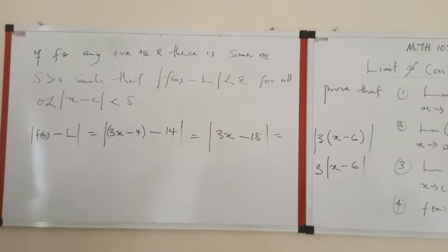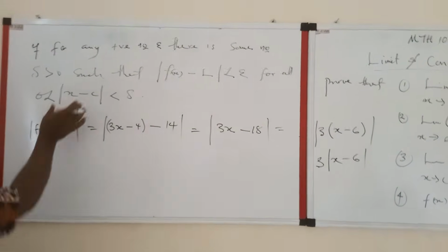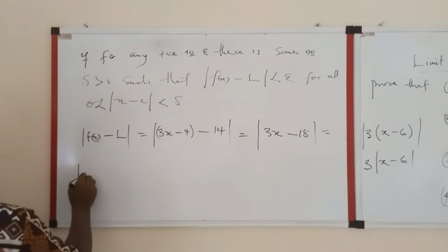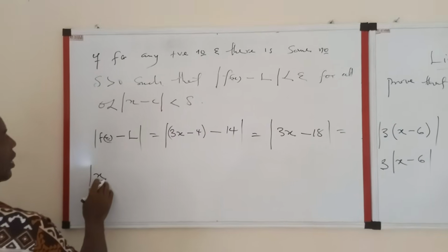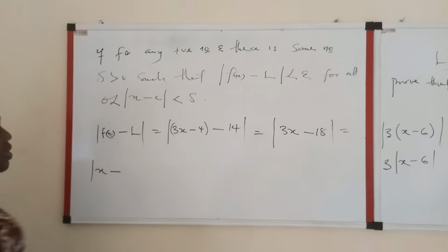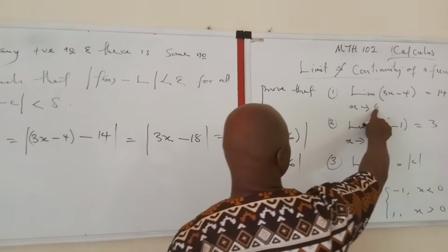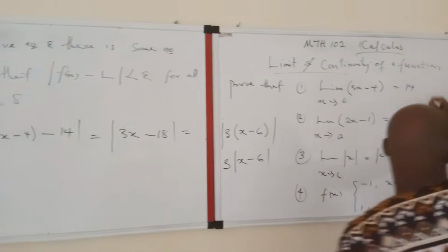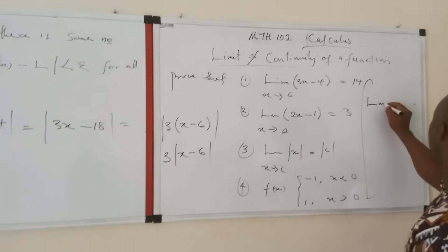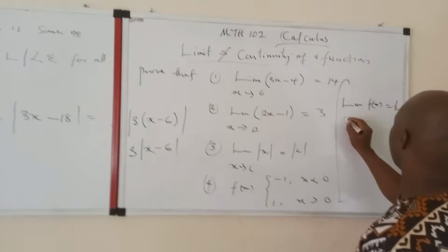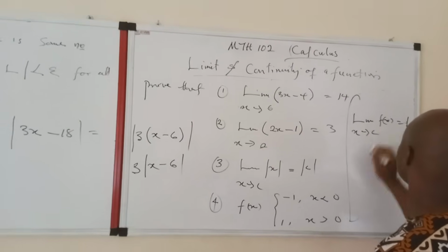I have simplified it. Then let's come to this other part, where we have the absolute value of x minus c. Now what is c? C is this, based on the definition that we gave. The definition was: the limit of the function f of x is equal to L as x tends to c.